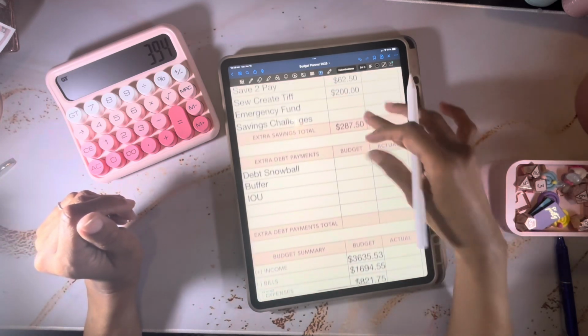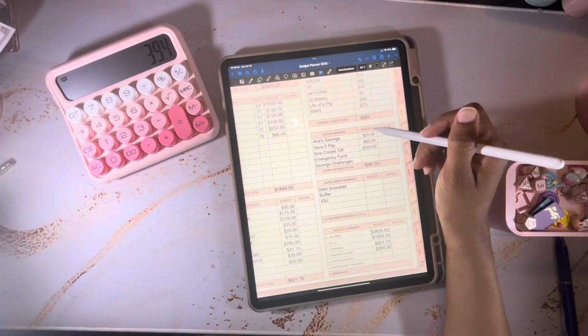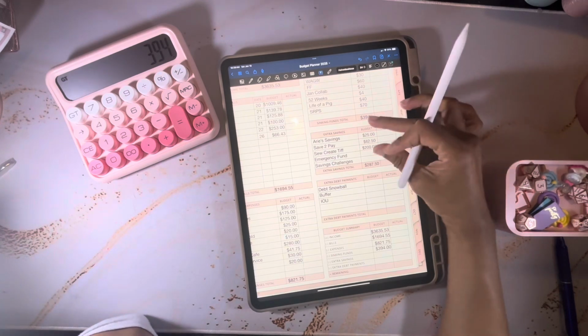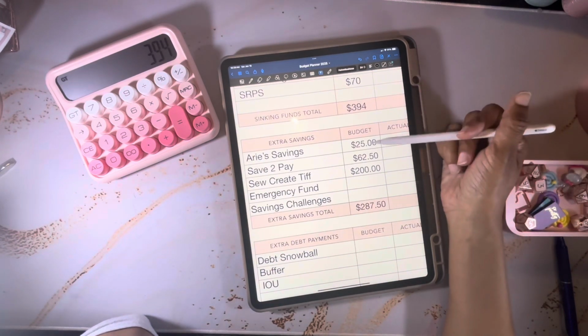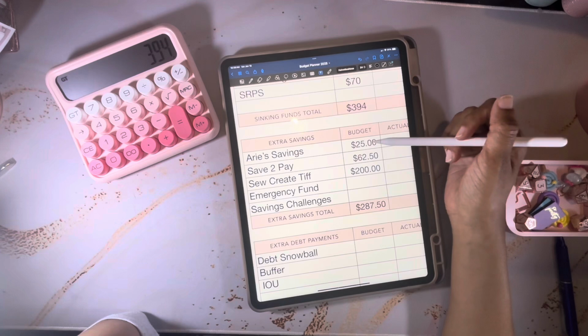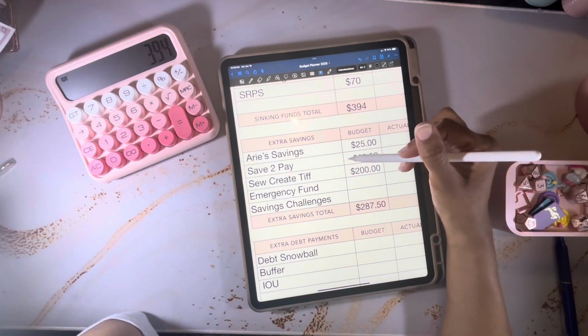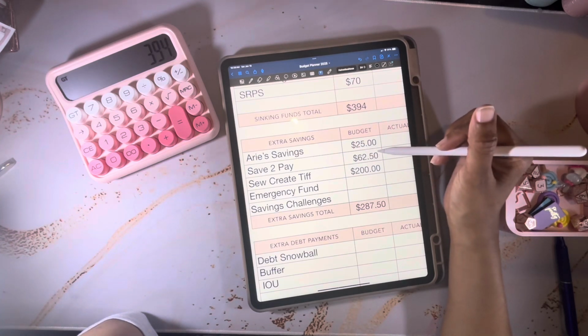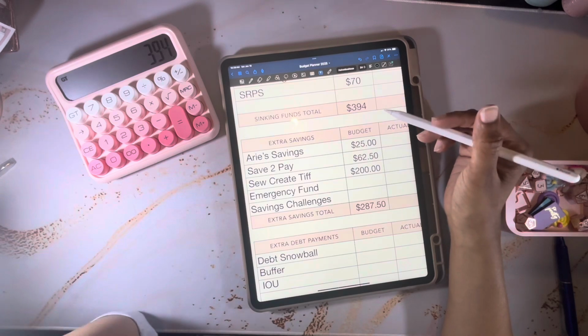Okay, and then we have our extra savings. This savings is for Ari. I just put a little bit of money in a savings account for her. This is to pay my homeowners association dues. I saved that throughout the year.